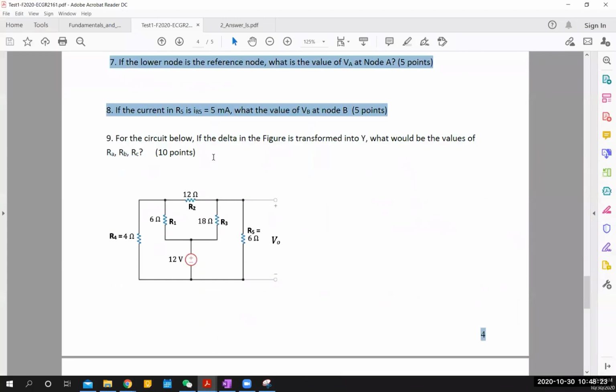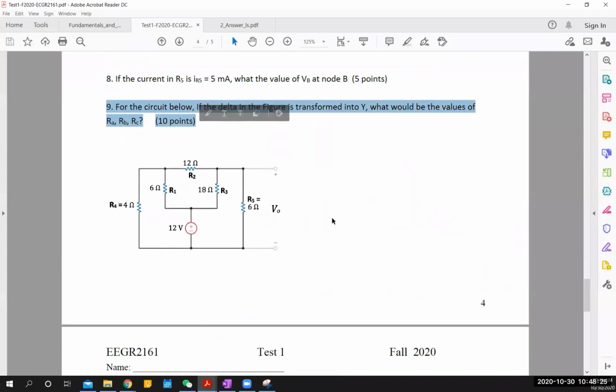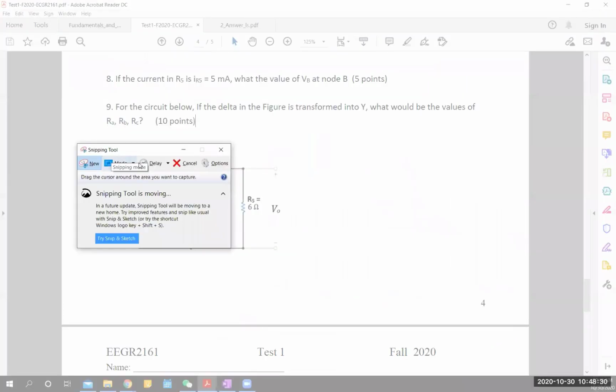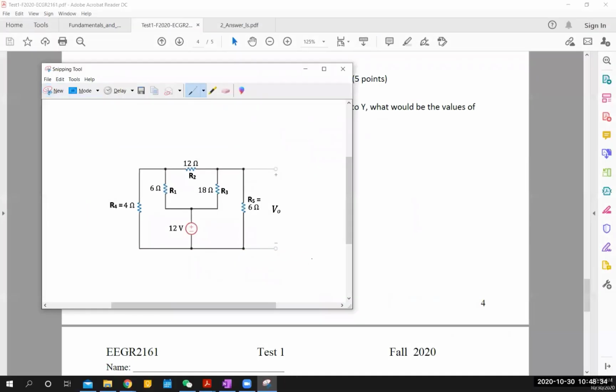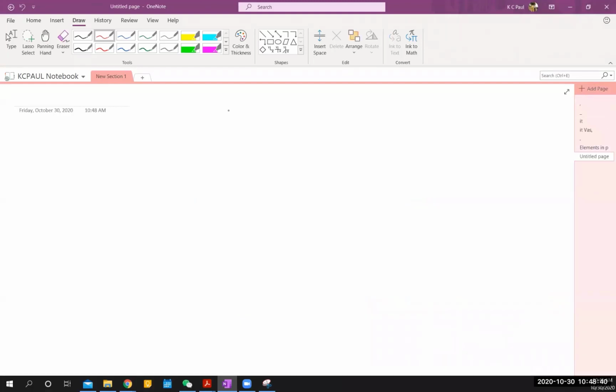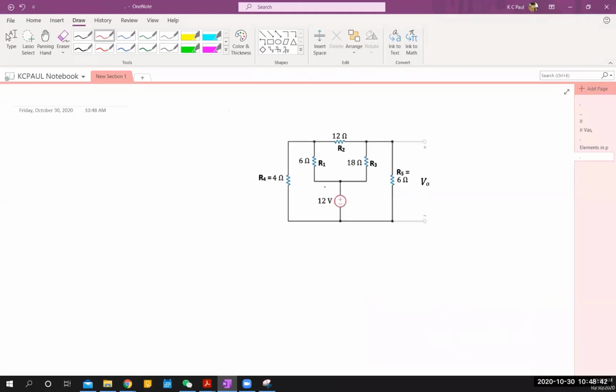This one is easier for all of you. The delta Y conversion, RA, RB, and RC. Do I need to solve this one? I think most of you have got this one correct. So you want to find the voltage, current, resistance here.